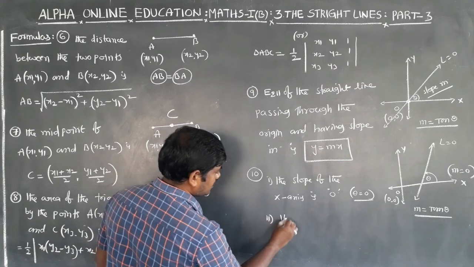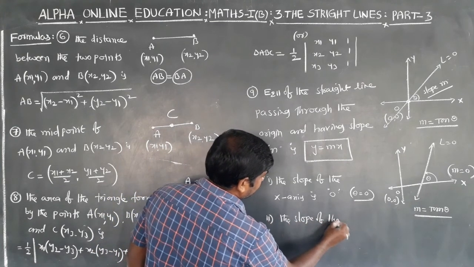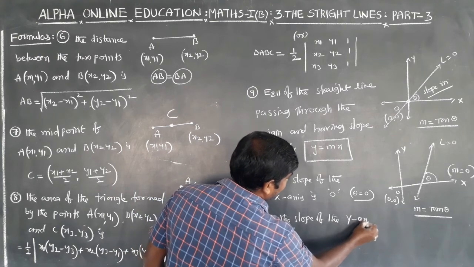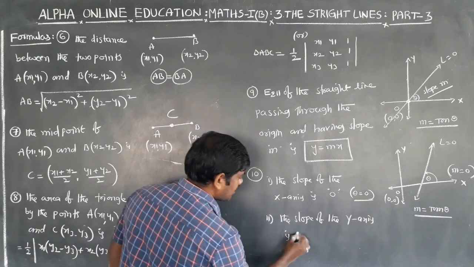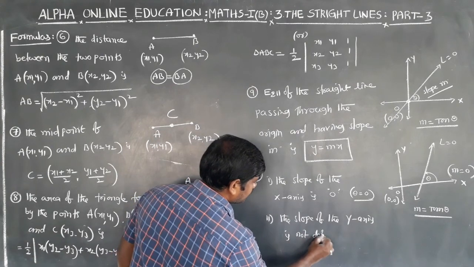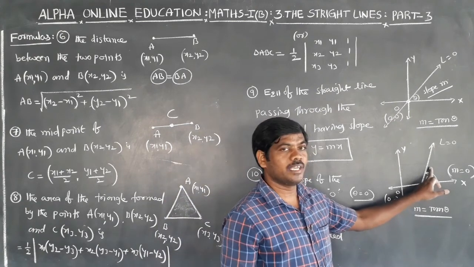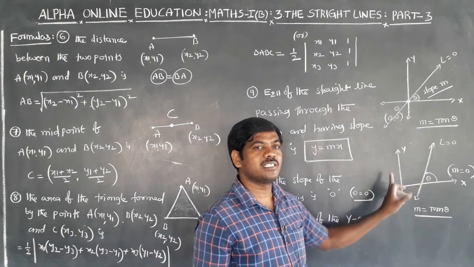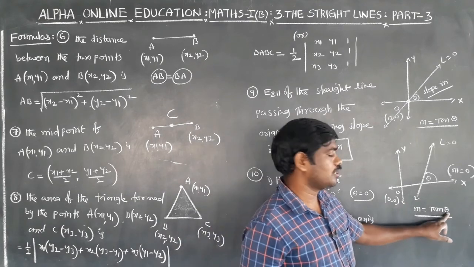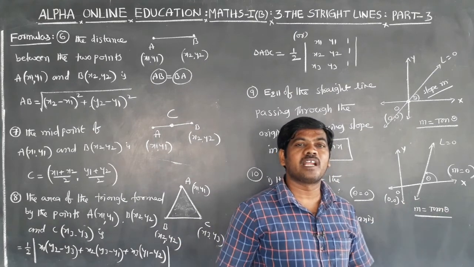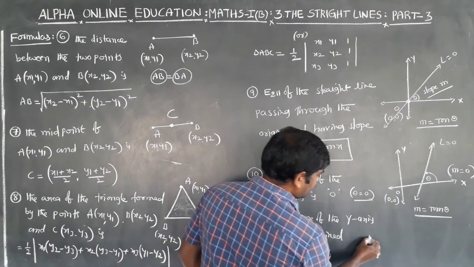Next one is the slope of the y-axis. The slope of the y-axis is not defined, because the line makes an angle of 90 degrees with the x-axis, and m is equal to tan theta; tan 90 is infinity.